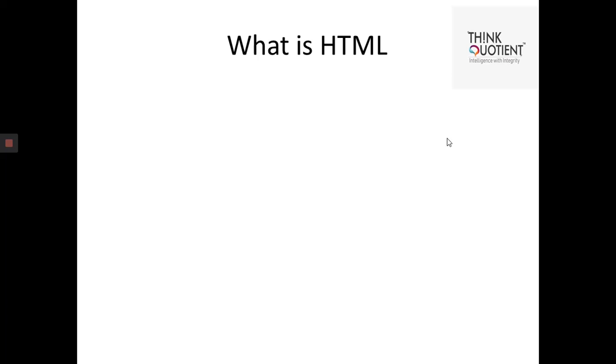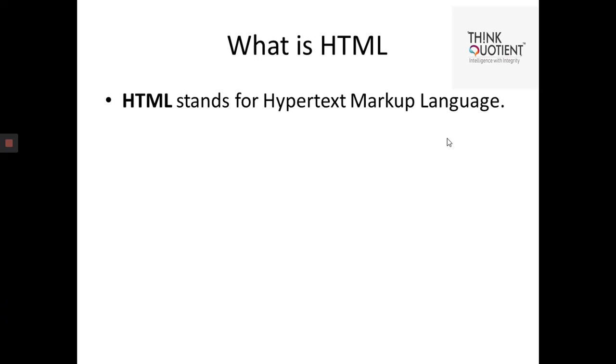The very first thing is the full form of HTML. HTML stands for Hypertext Markup Language. What this hypertext markup language does is arrange your machine-readable document in some systematic format.